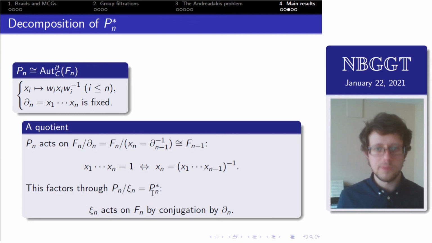And you know from the theorem of Magnus that I quoted earlier that the induced action is in fact faithful, so that in fact this quotient by the center was exactly the quotient by the kernel of this action here.